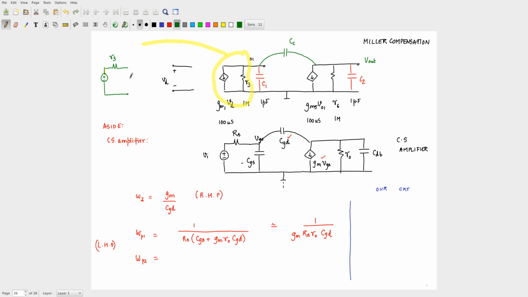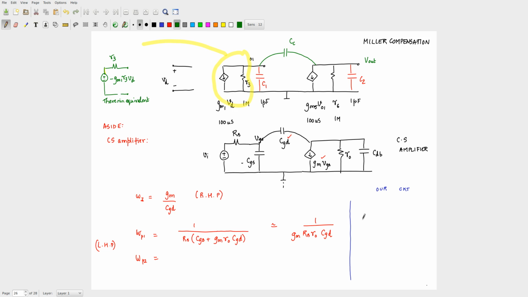And what will be the value of this? Remember that you will have a minus gm1 R3 into Vd, correct? So that is the Norton equivalent. Well, yeah, this is the Thevenin, that is the Norton. This is the Thevenin equivalent of everything that is in yellow.